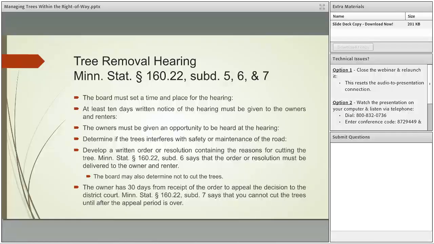The determination may also be to not cut the trees. If the town board doesn't find any risk of safety or maintenance, then the town board can just decide not to cut the trees, or if it doesn't want to go through the hassle of cutting the trees, if it changes its mind.